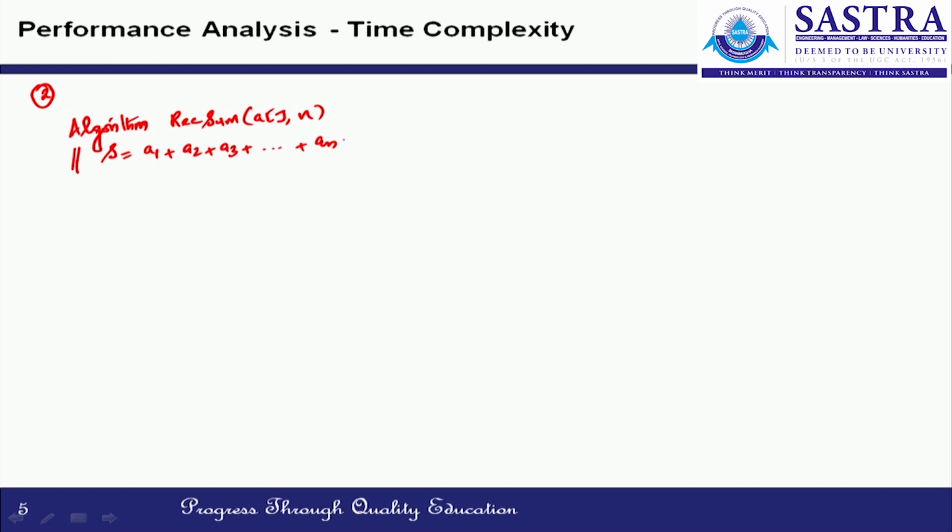First, write the algorithm in the first column. Here, checking if n is equal to 0, then return 0, else return recursive sum of A array comma n minus 1 plus A of n.